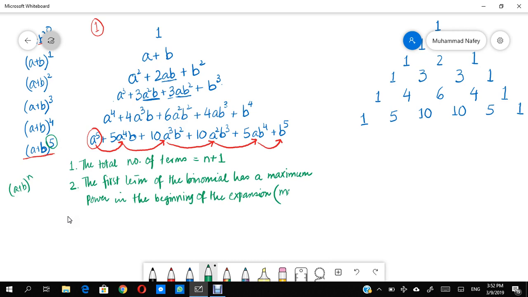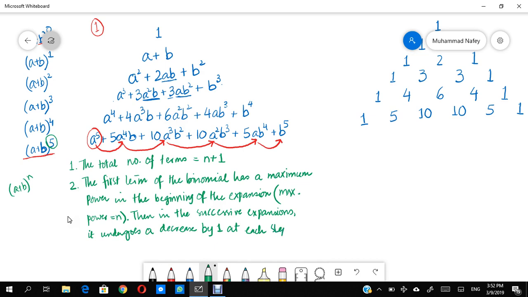So this maximum power is equal to n. Then in the successive terms, in the successive expansions, it undergoes a decrease by 1 at each step until in the last term it has a power of 0.